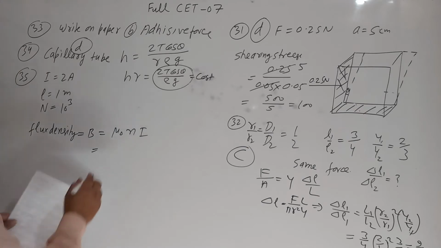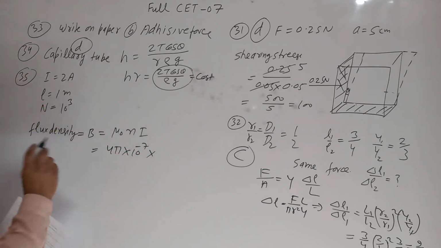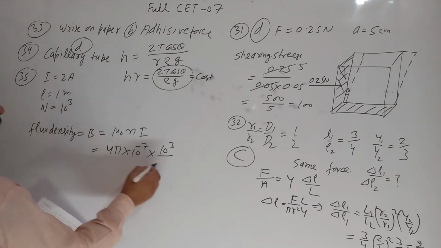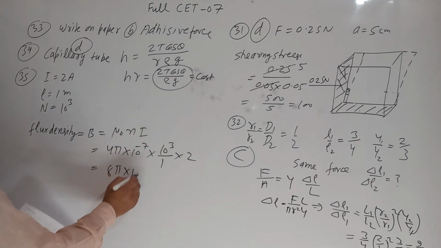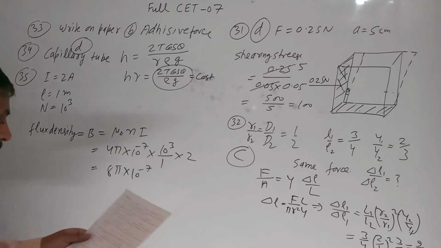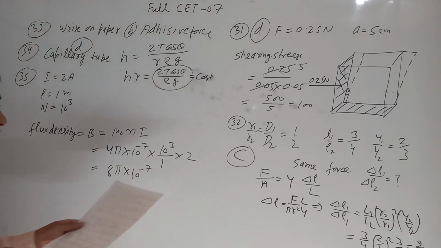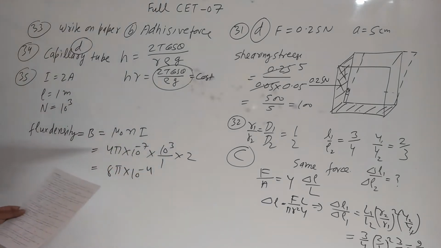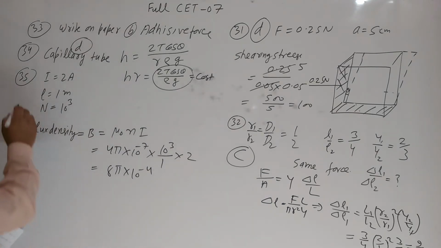Mu naught is 4 pi into 10 raised to minus 7. N is the number of turns per unit length. So 10 raised to 3, length is 1 meter, and I is 2. So that is 8 pi into 10 raised to minus 7 Tesla. So here we can see 10 raised to minus 7, then 10 raised to 3, so minus 4. So for question 35, B option will be the correct one.